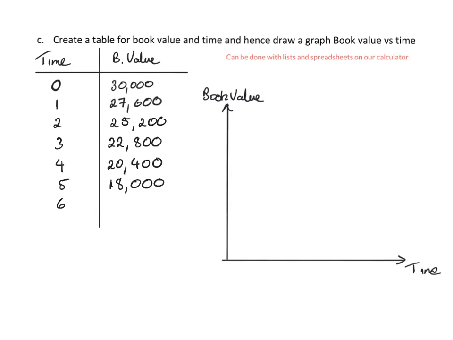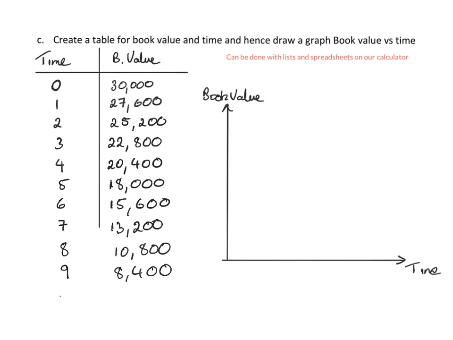So 6 years, sorry, the book value is $15,600. After 7 years, it is $13,200. After 8 years, its book value now is $10,800. 9 years, the book value is $8,400. And of course, we knew that after 10 years, the scrap value is $6,000.